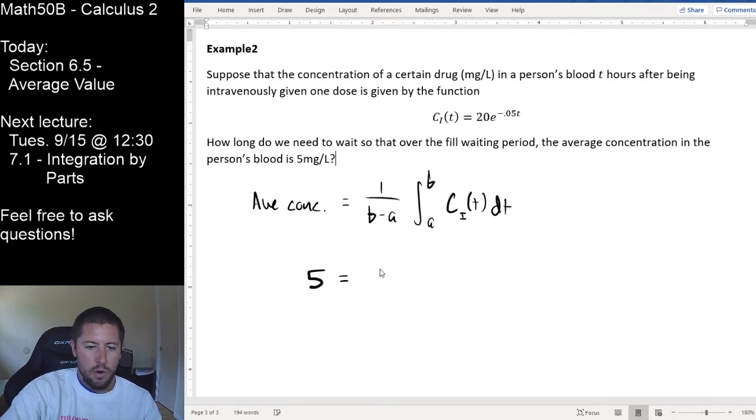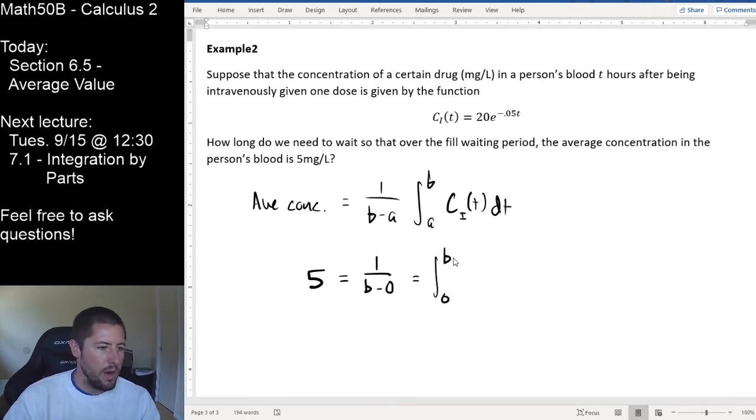Yeah, exactly, Coffee Gopher. Basically here, we're going to be smart and pick a smart lower bound of 0, because of the number of hours elapsed. But the point is, we don't know what our upper bound is, right? We don't know for how long we want to wait. So we're doing this from 0 hours up to b hours.